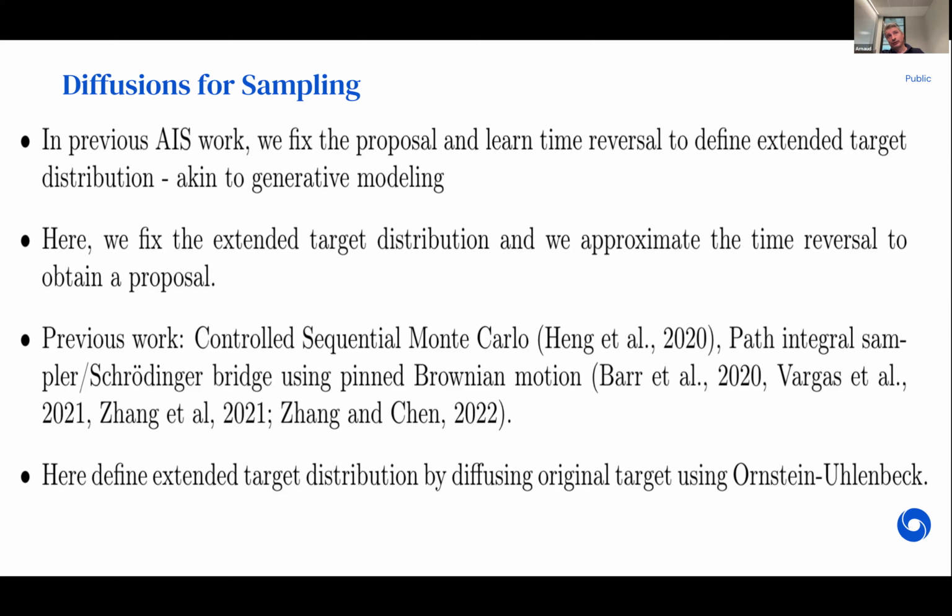Now I do the reverse thing, where I fix the extended target distribution and I try to approximate the best proposal to target it. So it's really related to things that have been done for control SMC, the path integral sampler, and so on and so forth. Okay, so how does it work?